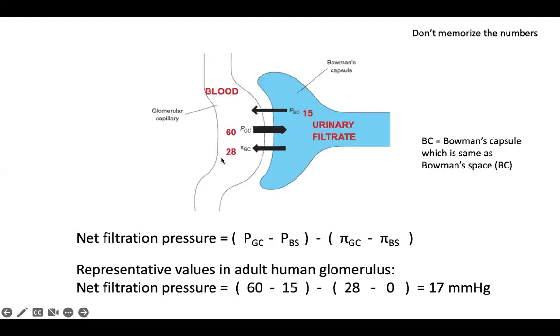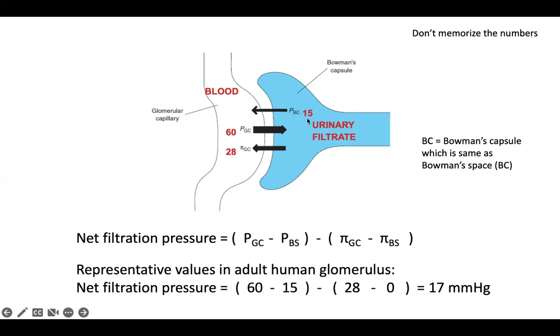So in a visual schematic, here's your pressure of the glomerular capillary that's pushing fluid from blood into Bowman space to form the urinary filtrate. You have the opposing force of the oncotic colloid pressure in the blood space that's pulling fluid back into the bloodstream.